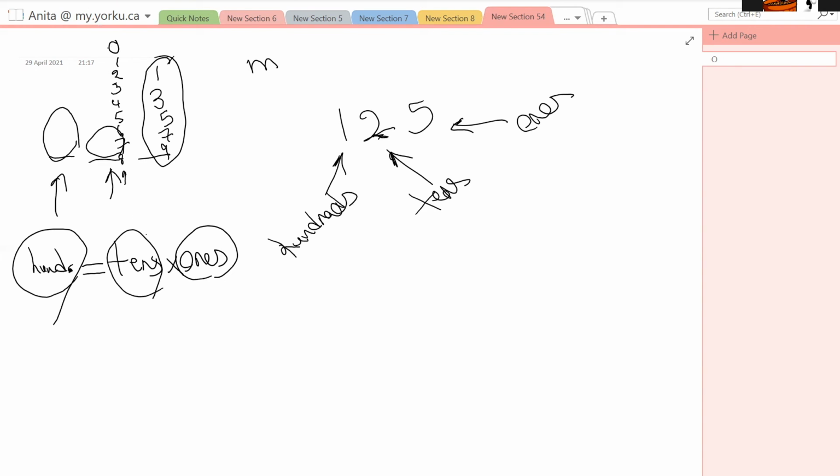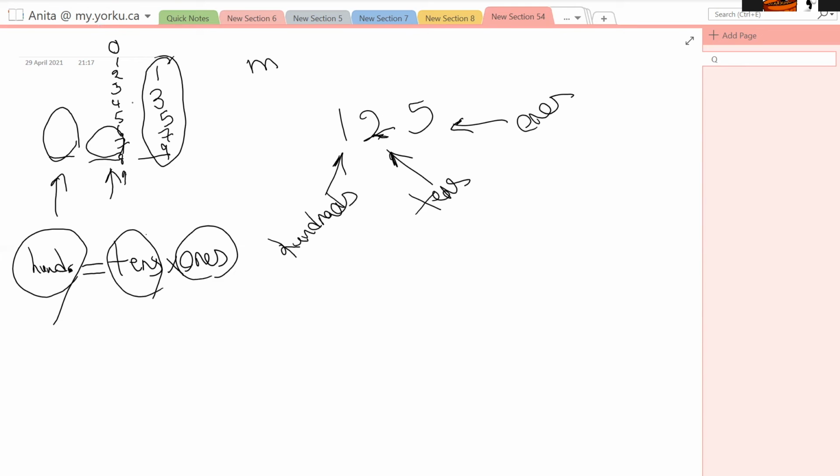Yes. Why? Because look at that, hundreds is tens times ones, and 0 times any of these numbers is going to be 0, right? Because 0 times any number is 0.